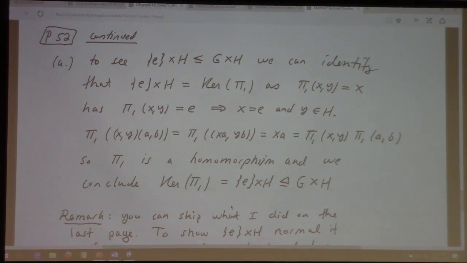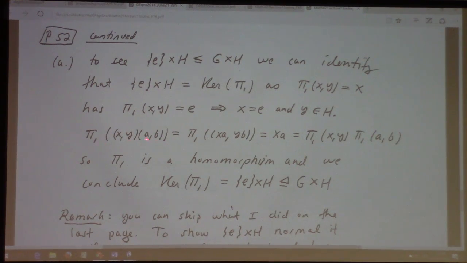So to see that this is a subgroup, I can identify E cross H with the kernel of pi 1, where pi 1 is this mapping, the projection homomorphism. If pi 1 of (x, y) is equal to E, that implies that x is equal to E and y is in H, which is just to say that the kernel of pi 1 is this.